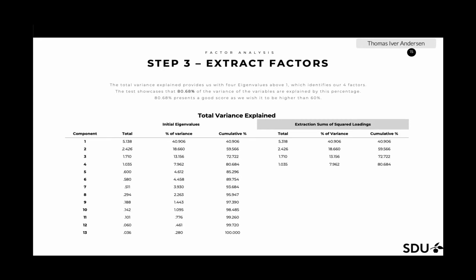So the last model gave us 4 different factors. The total variance explained provided us with 4 eigenvalues above 1, which again identifies 4 factors. The test showcases that 80.68% of the variance of the variables is explained. 80.68% presents a very good score, as we wish it to be higher than 60%.